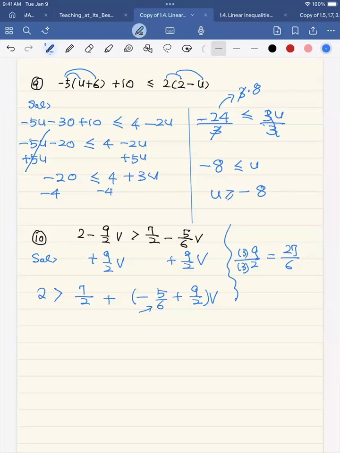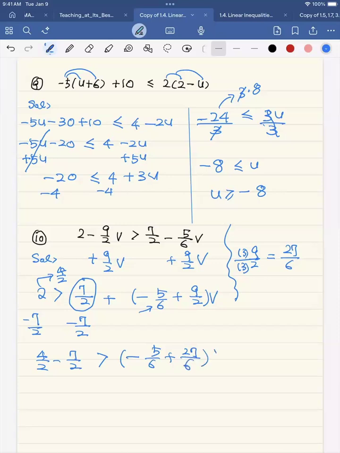We want to move this 7 over 2 to the left by subtracting on both sides. Then 2 is 4 over 2. So we have 4 over 2 minus 7 over 2 greater than minus 5 over 6 plus 27 over 6v.